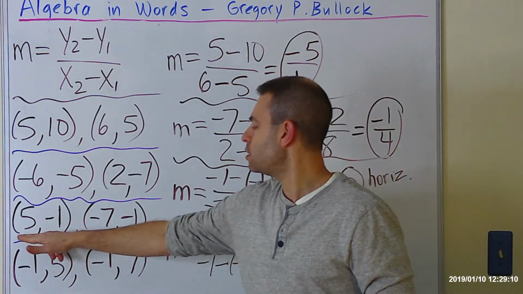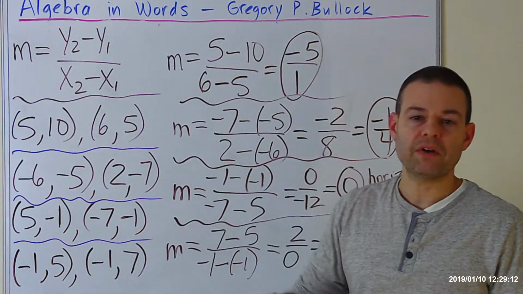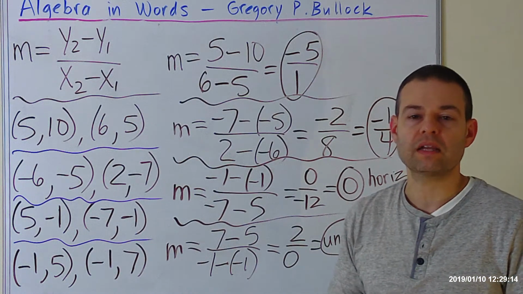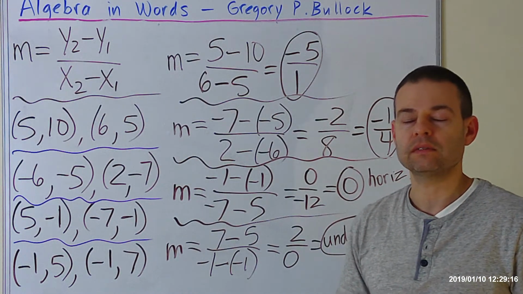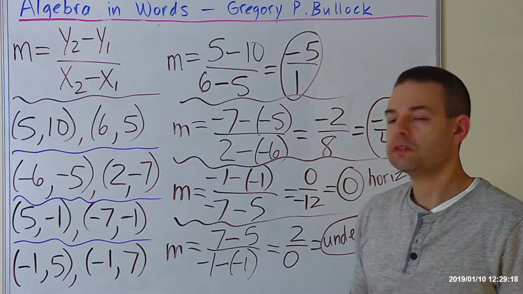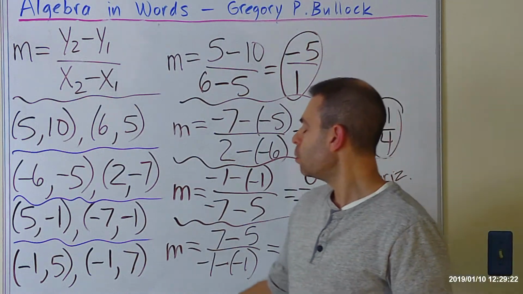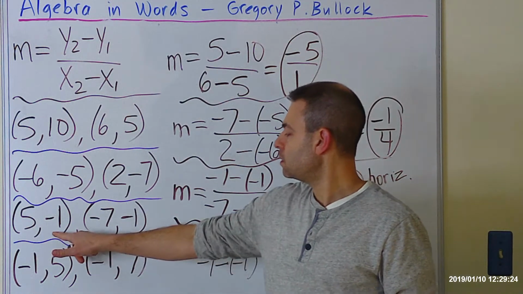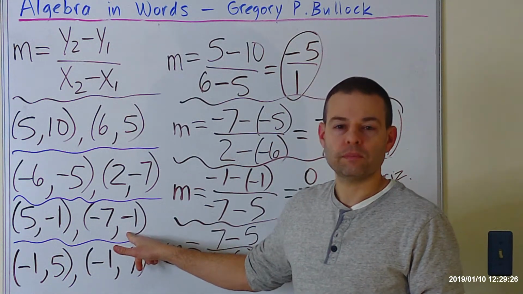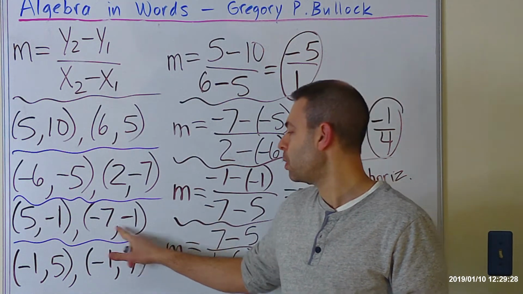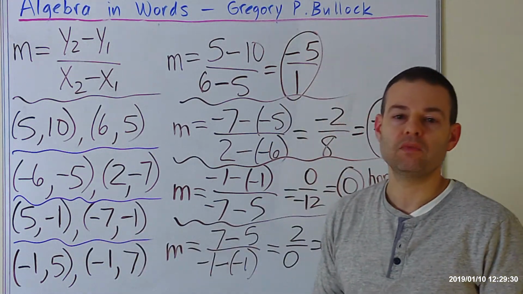So when we look at these points, which we now know in retrospect are going to be a horizontal line, slope of 0, just stare at those points for a second, and what do you notice? Well, you should notice that the y portion is the same for both. It's both negative 1.